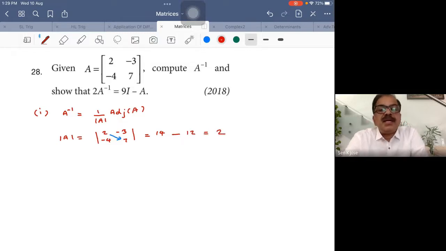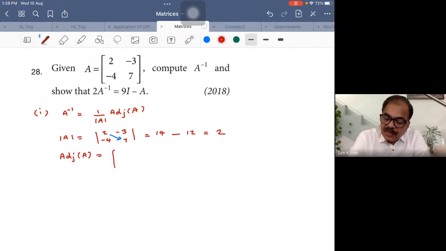That's determinant A. Now we need adjoint of A, and adjoint of A for a 2 by 2, we have a shortcut. If it is 3 by 3, you need to calculate all the cofactors, write the cofactor matrix, and the adjoint will be the transpose of the cofactor matrix. So here we have a shortcut for a 2 by 2. For a 2 by 2 matrix, what we do is we interchange the diagonal elements.